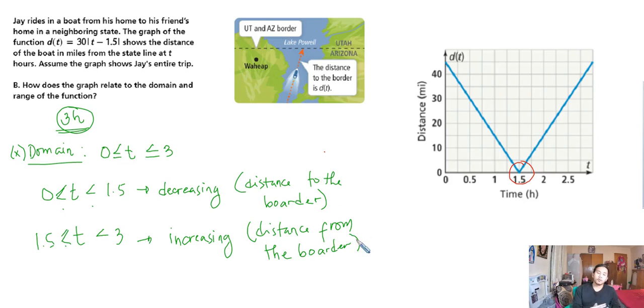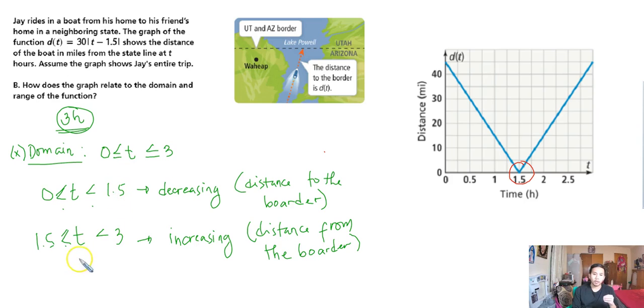Meaning the first compound inequality that we have, which is t is greater than 0 but less than 1.5, Jay is traveling towards, or heading to, the border.